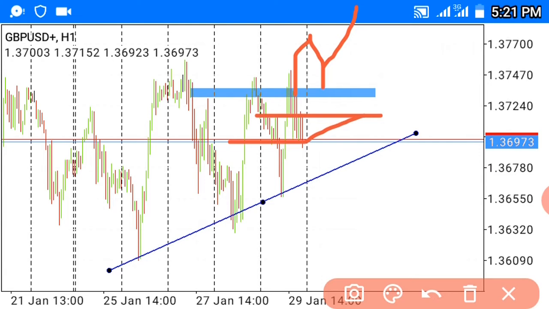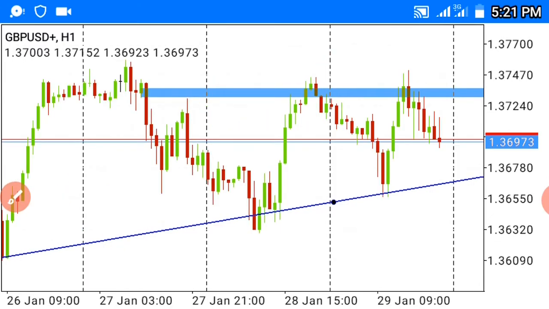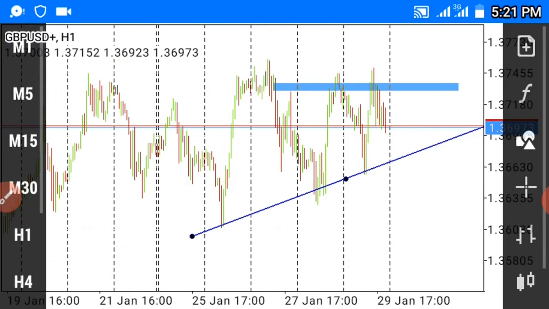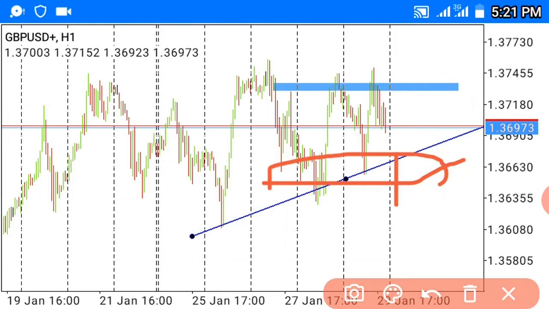I hope that's understood. For the bearish sentiment, we want it to break below this trend line. Let me remove this. Break below it, then this level here becomes our new zone. Remember, that's the zone the market has been obeying.